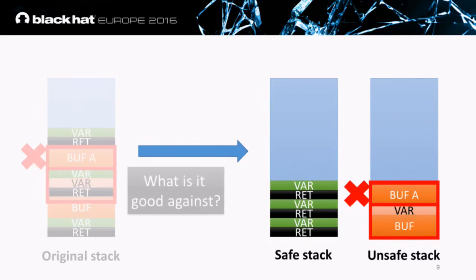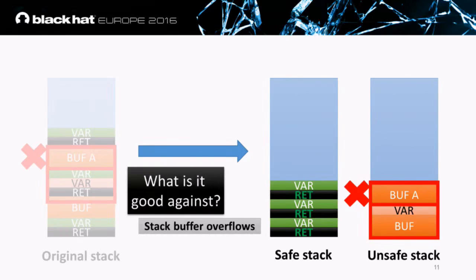But when you apply SafeStack, the vulnerability will happen on the unsafe stack, and the attacker cannot overwrite the sensitive information, the sensitive data, the return address, the code pointer on the stack. So it protects the return addresses. It is good against stack buffer overflows that try to overwrite the return address on the stack.